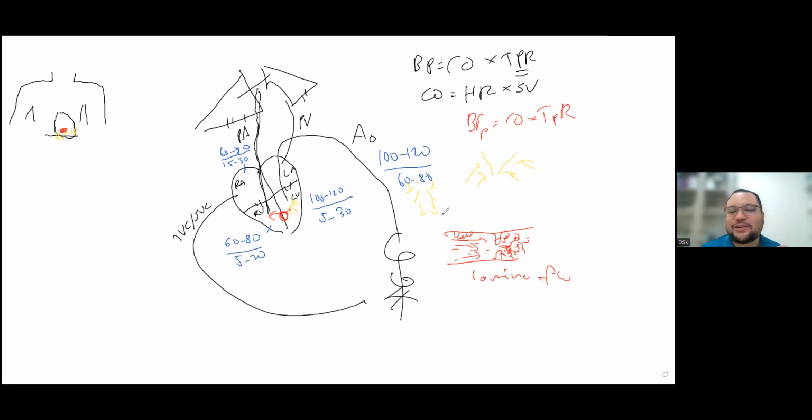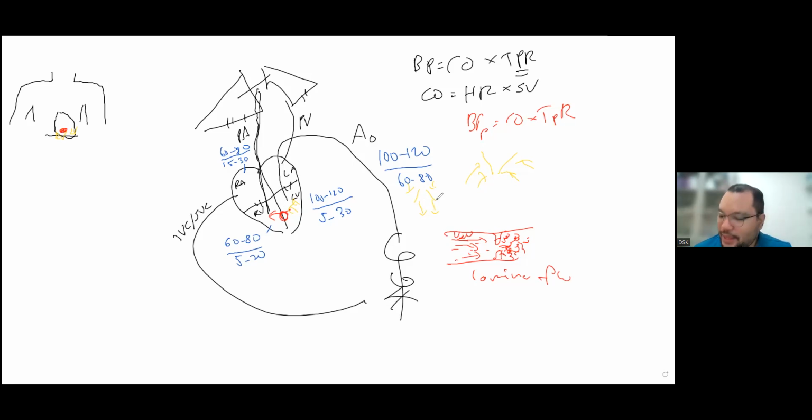What causes this? Relaxation of your ventricles. Pressure below reduces, pressure above rises, then it closes the semilunar valve.